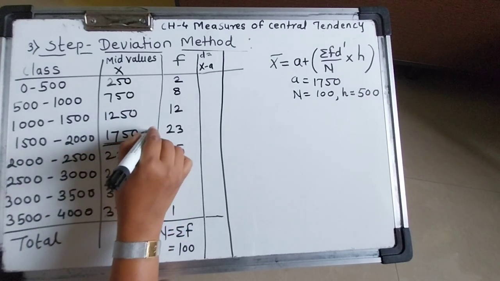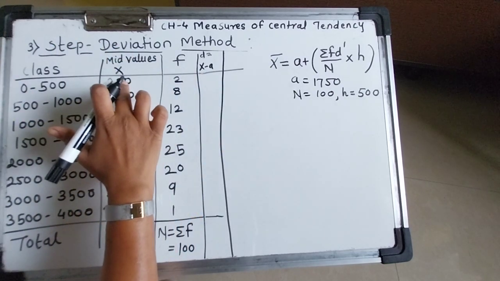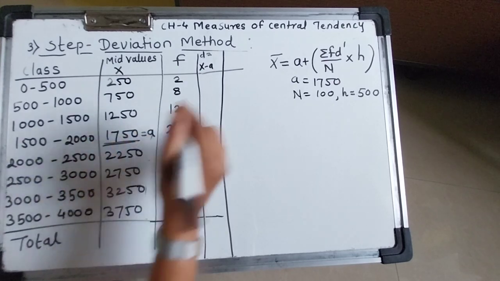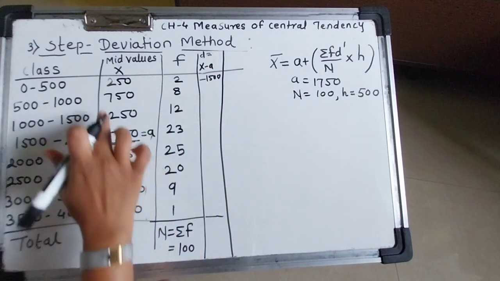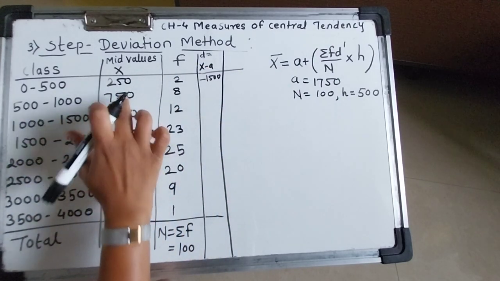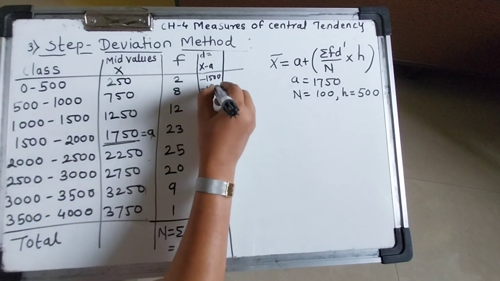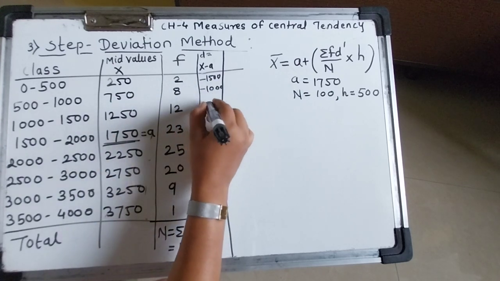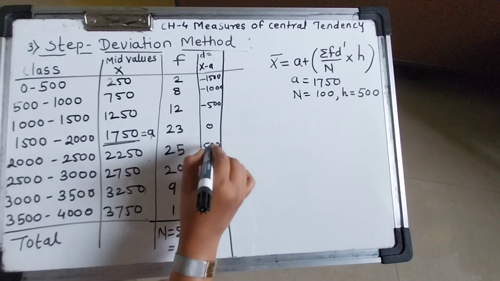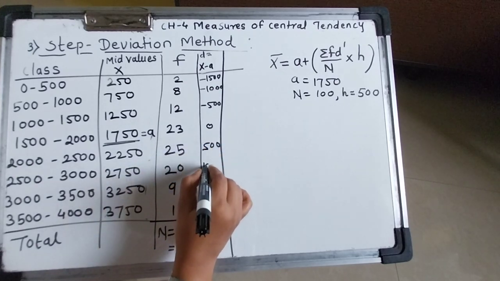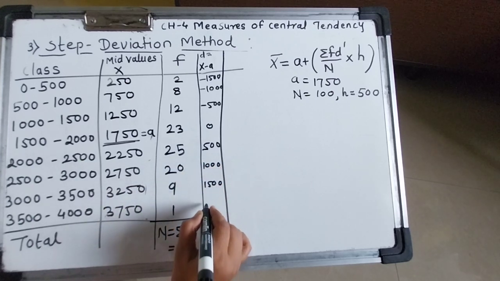So 250 minus 1750 is minus 1500. 750 minus 1750 is minus 1000. Then minus 500, then 0, then 500, then 1000, the next value is 1500, and the next value is 2000.